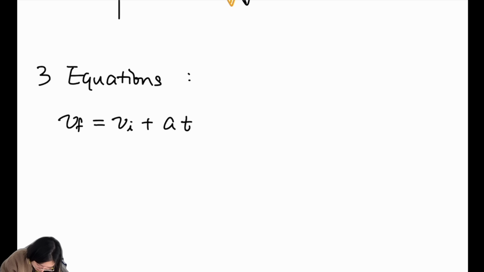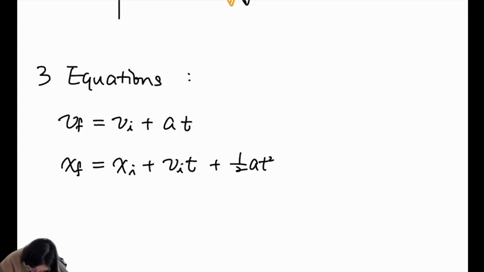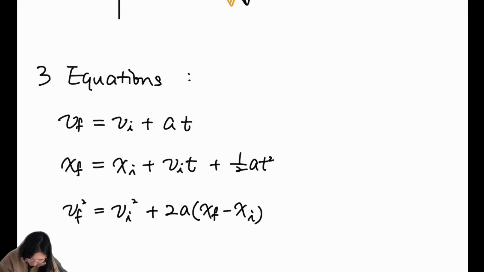The second one is x final, the final position, is equal to initial position plus V initial t plus 1/2 a t squared. And the last one is V final squared is equal to V initial squared plus 2 times a times the change in the position, or the displacement. So these 3 are in the equation sheet.